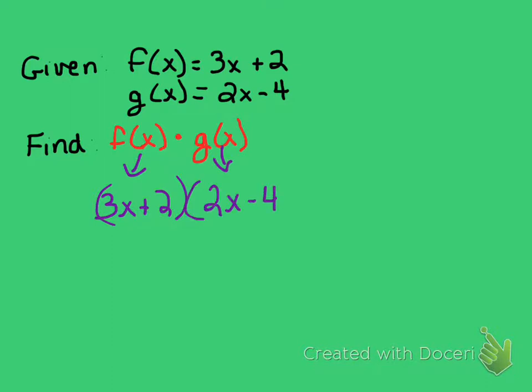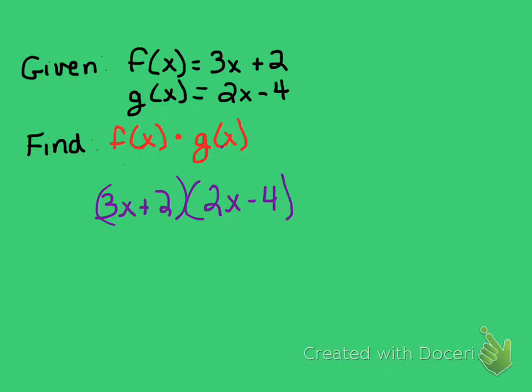All right? Now, the problem here is that you've got two terms multiplying times two terms. So what you have to do is distribute both terms in the first expression to both terms in the second expression. So I'm going to use the arrows to try to help you see this better.